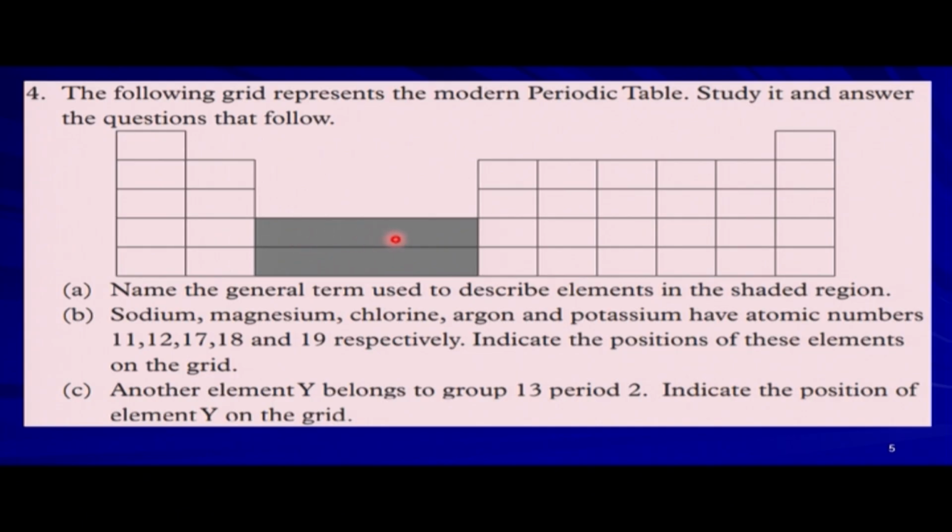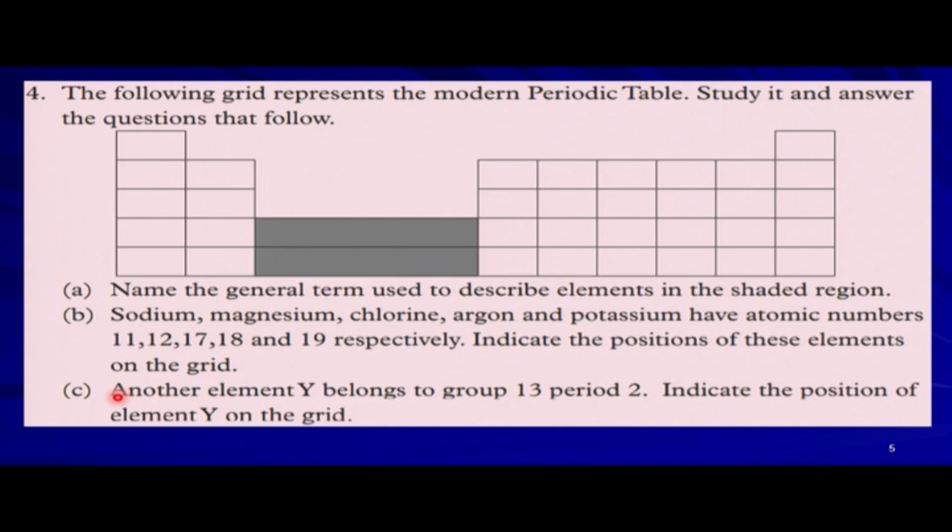Okay? Transition elements. And sub-question B, sodium, magnesium, chlorine, argon, and potassium have atomic numbers 11, 12, 17, 18, and 19 respectively. Indicate the positions of these elements on the grid.